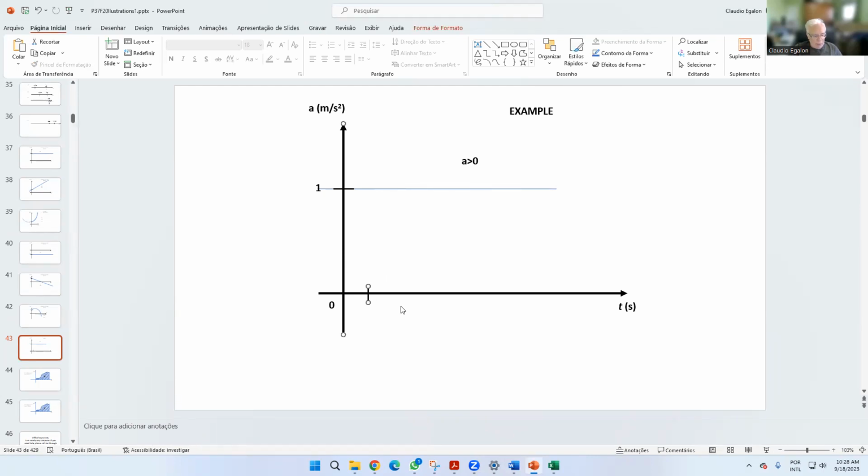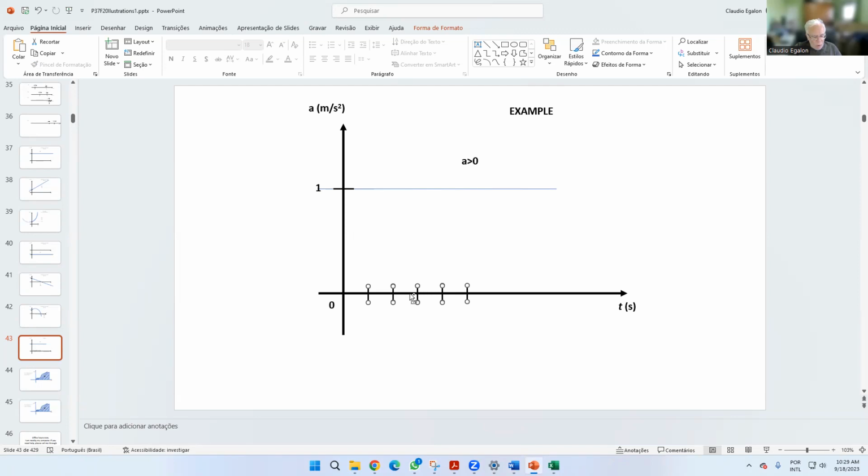Now I want it evenly spaced, right? 5. Oops, let me see what happened here. This one. 1, 2, 3. 1, 2, 3, 4, 5, right?